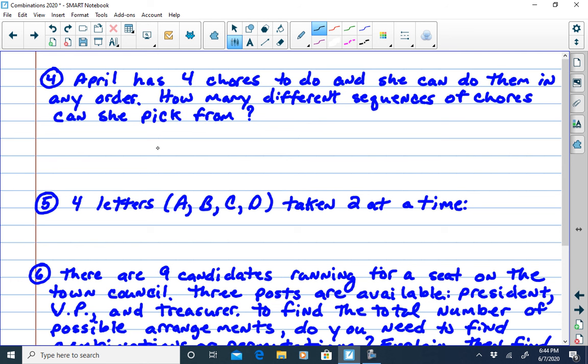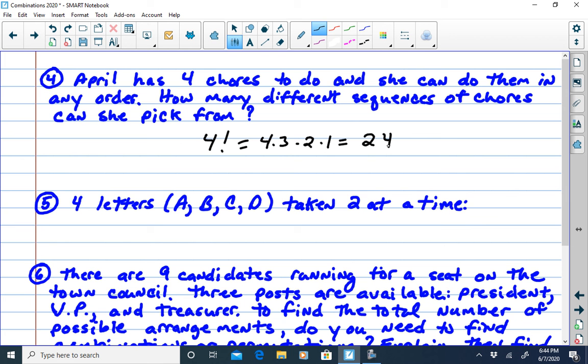That's simply going to be 4 factorial, right? So that's going to be 4 times 3 times 2 times 1. So there are 24 different sequences of chores that she can pick from.